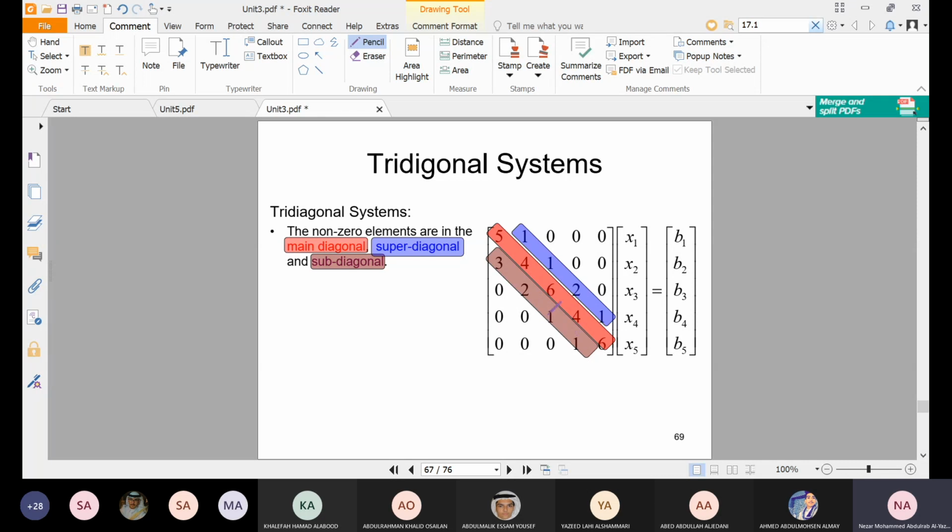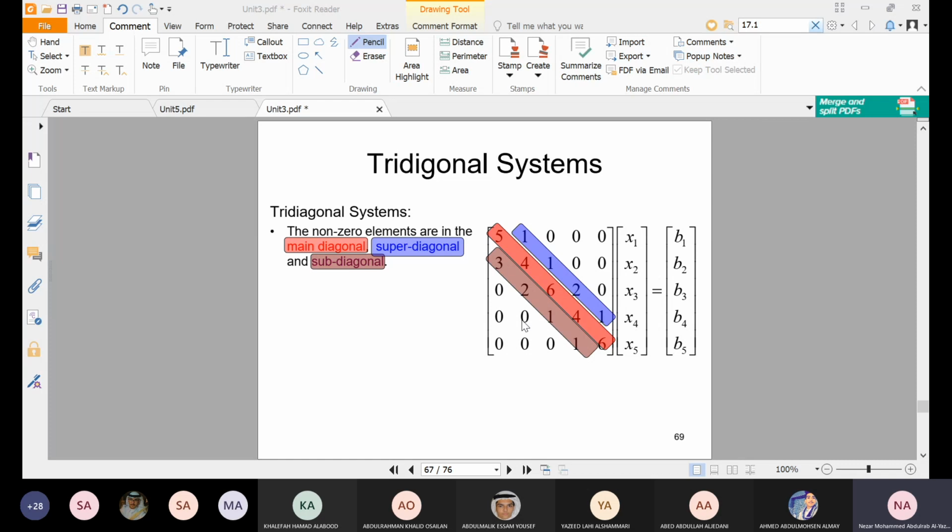In this type of system, we have some algorithms that help us solve these equations. Usually we solve this in 2 or 3 steps.